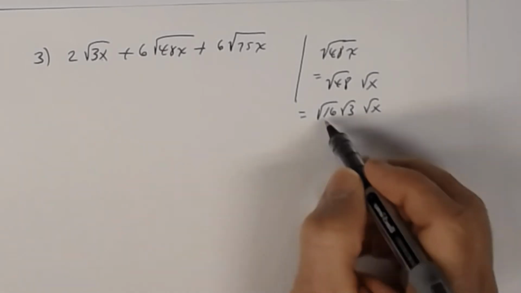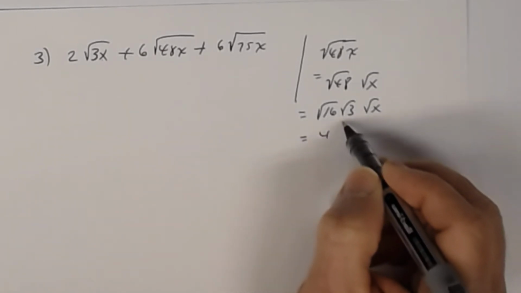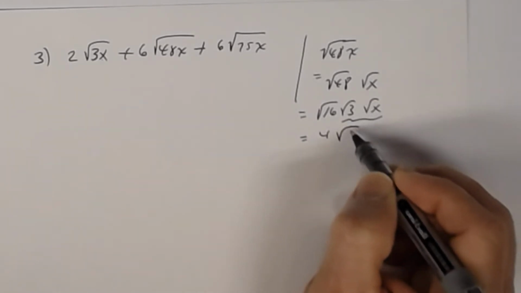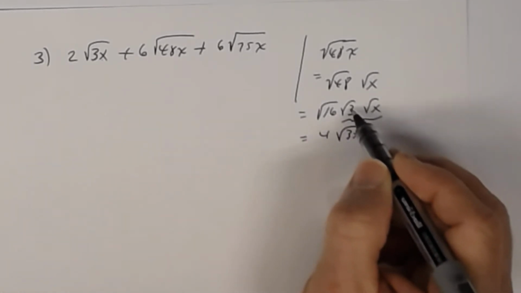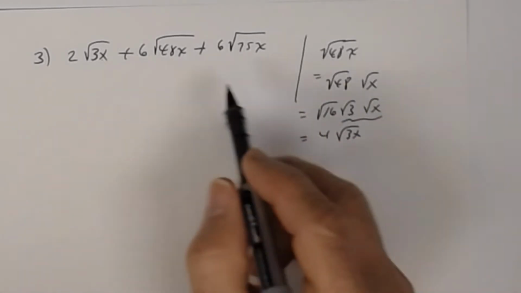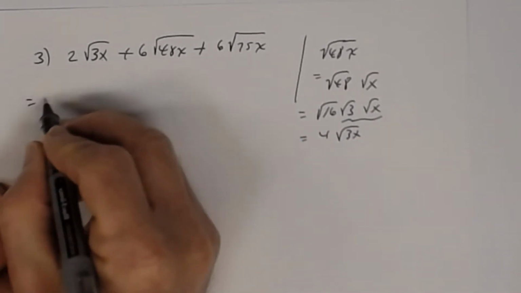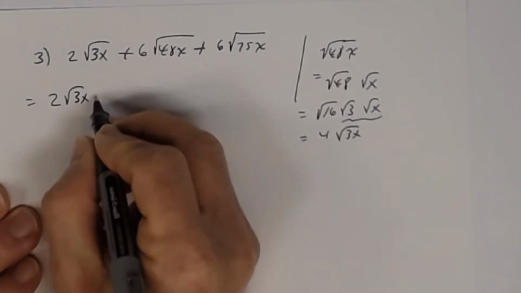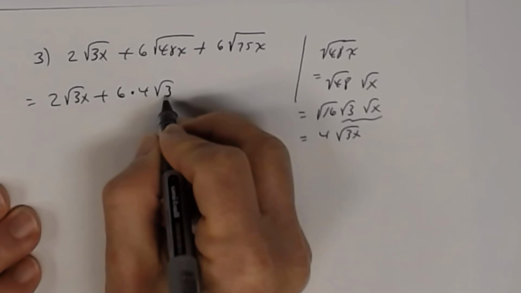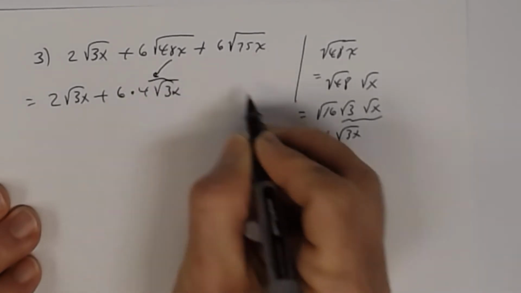Okay? And then the square root of 16 is 4. And I'm going to rewrite this as square root of 3x using a product property. So remember, when the indices are the same, you can multiply the radicands. So that is the square root of 48x. So I get 2 square root of 3x plus 6 times 4 square root of 3x. See, that's this right here, right?